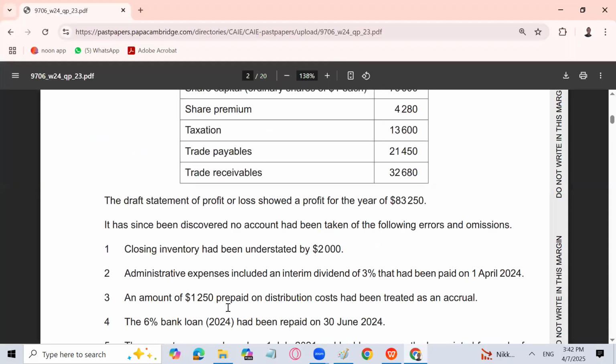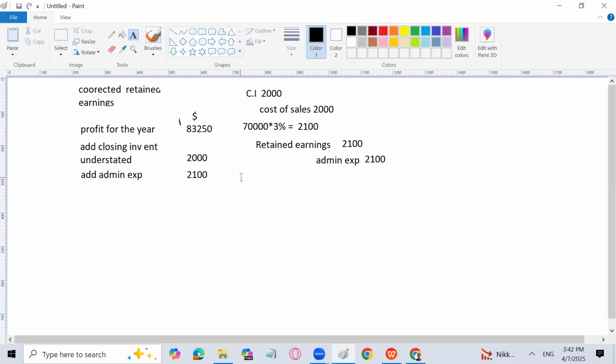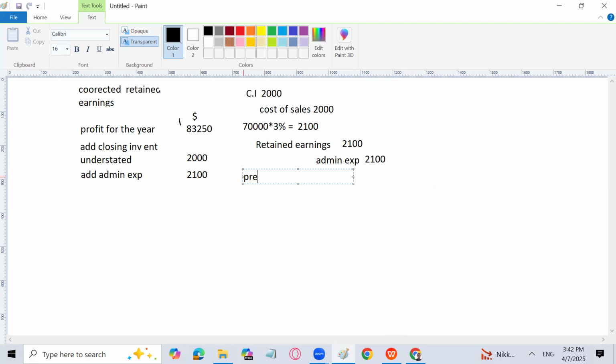An amount of 1,250 prepaid on distribution had been treated as an accrual. Let me make you understand this. Prepaid distribution of 1,250 had been treated as an accrued expense.